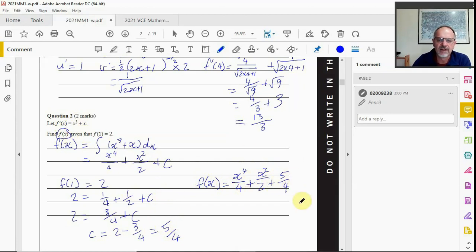If you look at the examiner's report, you'll see that if people didn't write that function f(x) in full there, then they didn't get all of the marks.